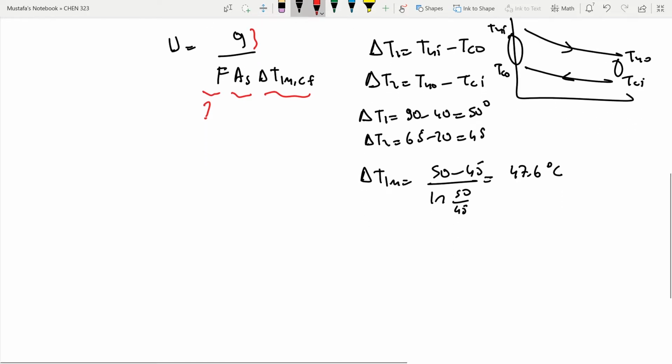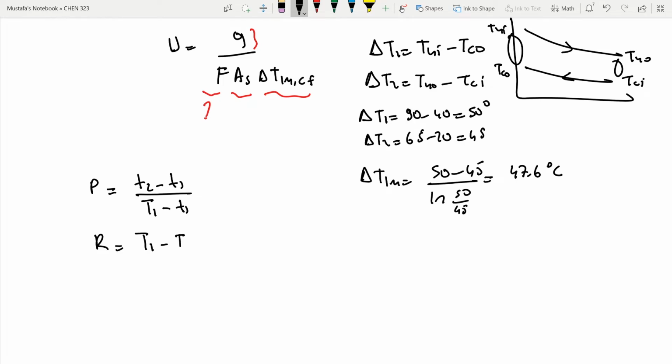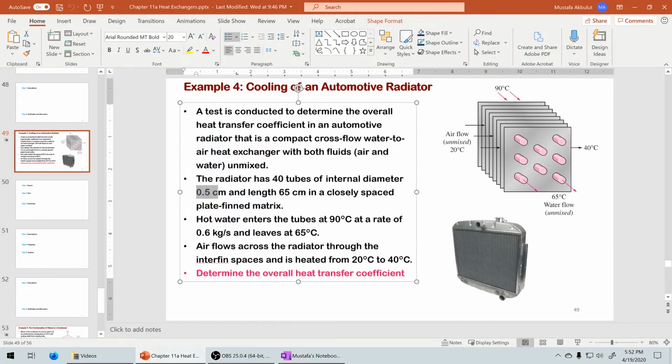What is F? F is basically, we need to look into P and R. We have charts and tables that we need to use to find P and R values. So now let's go back to this cross flow.